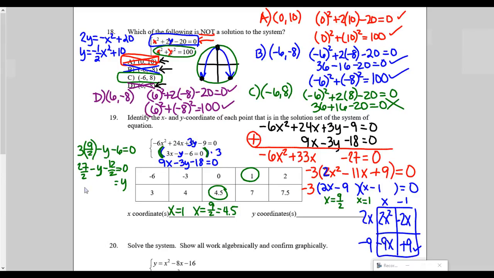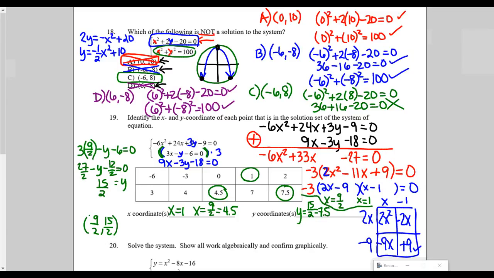So that is 15/2. Remember, if I were writing this as an ordered pair, my x would be 9/2 and my y would be 15/2. If I'm just listing the x and y coordinates, 15/2 is 7.5. Again, I like the fraction better. Sorry, this is my work for x.